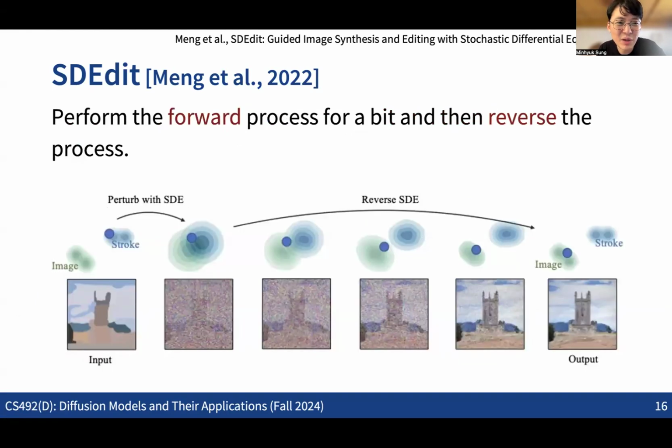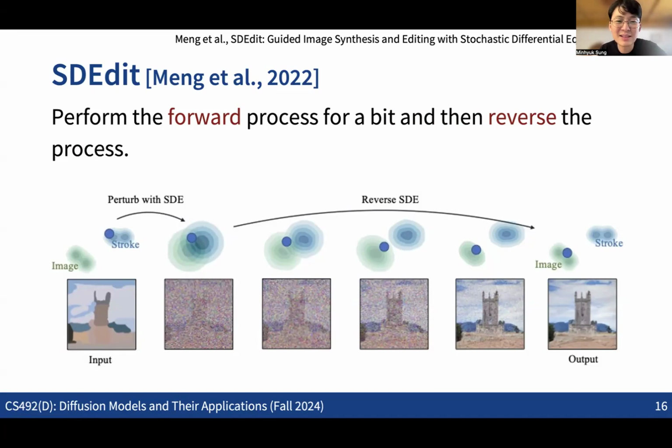It's nothing but performing the forward process, perturbing the given images a little bit with a small amount of time steps, and running the reverse process again from the perturbed images. If we think about diffusion models, they are all about adding noise into realistic images in a way that all the images are mapped to samples of the unit Gaussian distribution, and then running the denoising process to map back to the original data point.